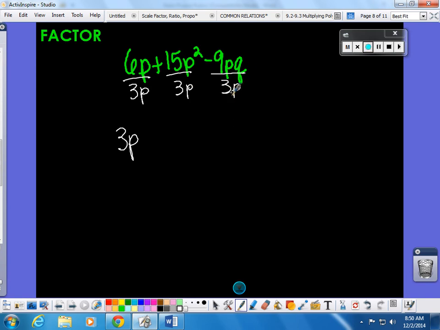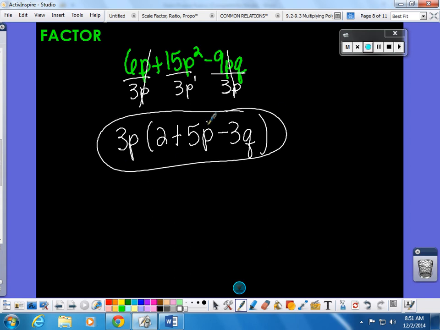All right, so 6 divided by 3 is 2, and the P's cancel, because that'll be P to the 0 power, which is 1, right? Multiply 1 times 2, get 2. 15 divided by 3 is 5. P squared divided by P to the first is P. Negative 9 divided by 3 is negative 3. The P's cancel, but the Q is still there.